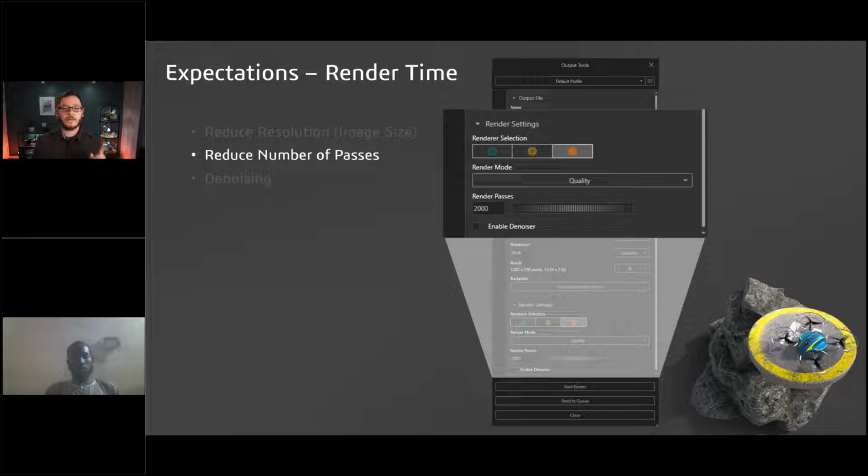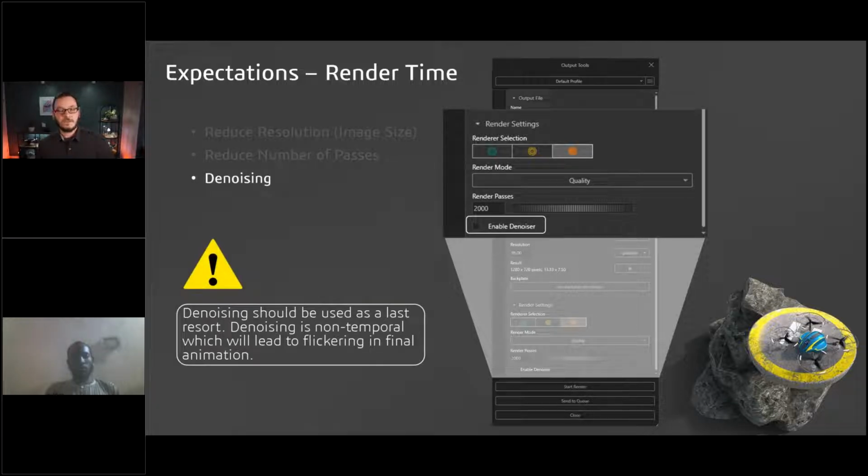The last thing that I'll note is Visualize has a built-in AI denoiser, which is great for still images, and you can certainly use it when you're producing animations as well. But I will issue a warning here: the denoiser is non-temporal, so it's not time-based.